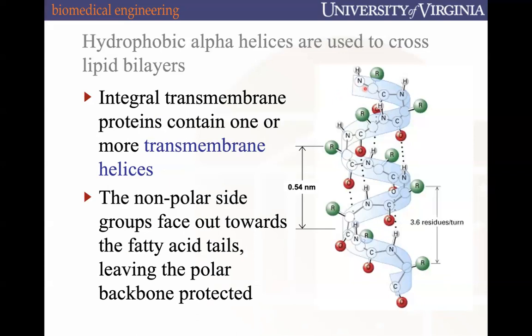If you imagine that all of these side groups are very hydrophobic, then this would sit very well within the lipid bilayer of the cell membrane. So the polar backbone of the polypeptide chain is protected by all of these hydrophobic side groups pointing out, and this works really well for crossing the lipid bilayer.